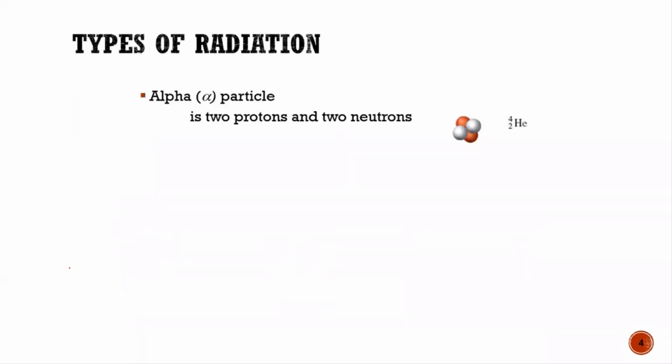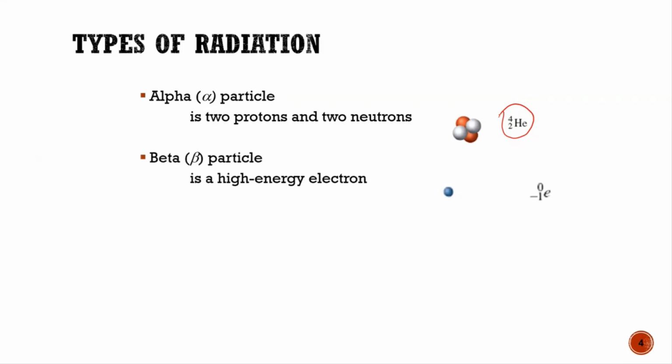So we're going to talk a little bit about each. First, the alpha particle. Like I was saying earlier, it's 2 protons and 2 neutrons, so a lot of times they write it as helium, because helium has a mass number of 4 and 2 protons. The beta particle emission is like a high-speed electron shooting out of the nucleus, so the beta particle is much smaller than the alpha.